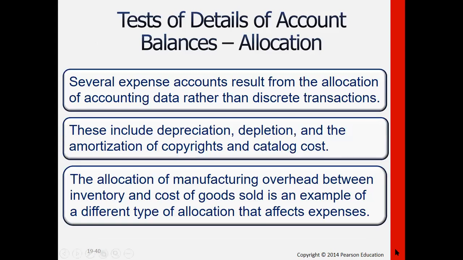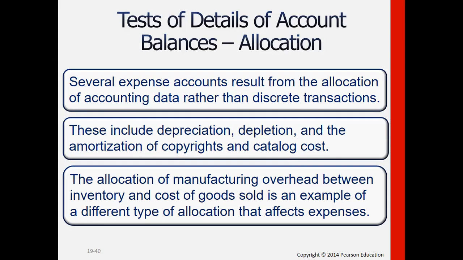Then finally, we have to check also the test of details of account balances for the allocation concept. Because remember, several expense accounts result from the allocation of accounting data rather than discrete transactions. So in other words, there are a lot of expense accounts that are not actually coming from individual transactions, but are just allocated from certain accounting data.